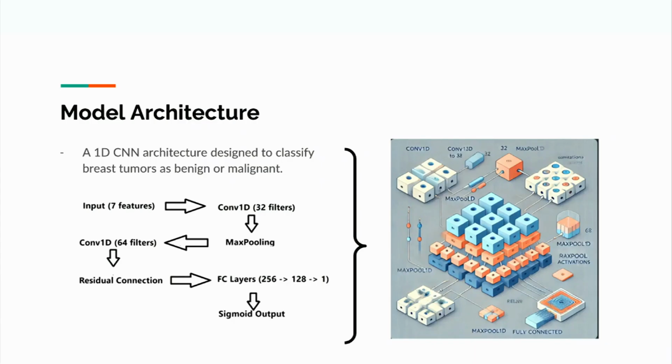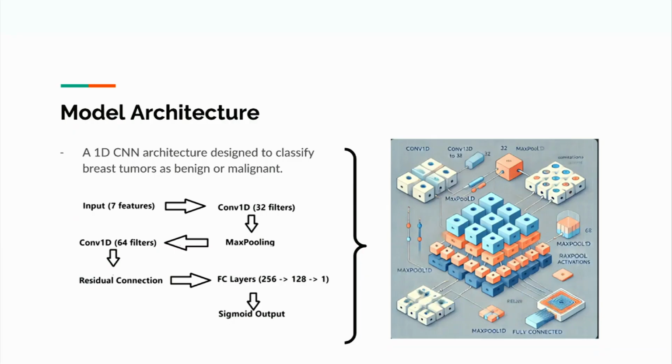For model architecture, we designed a 1D CNN to classify the tumors. We started with 7 chosen features, including radius and texture. These features are fed into multiple convolutional layers, and each layer increases the complexity and eventually extracts the patterns that might indicate malignancy. To further stabilize training, we integrated a residual connection inspired by ResNet architectures.